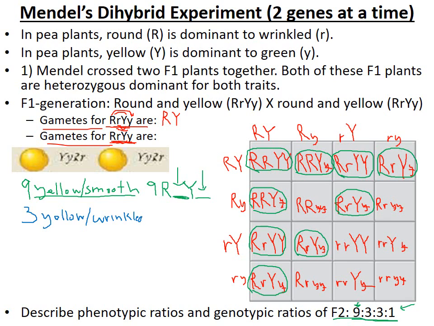So in other words, 3 will be little r, but then yellow, either big Y, big Y or big Y, little y. So let's go count that. Let's go see if that's true. So 1, wrinkled but yellow. 2, wrinkled but yellow. 3, wrinkled but yellow.